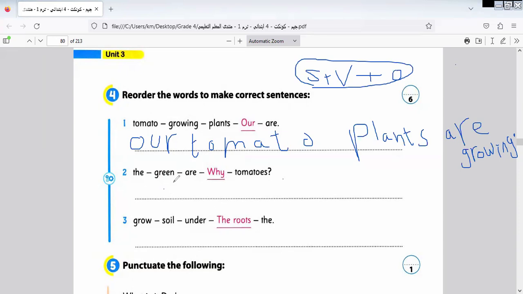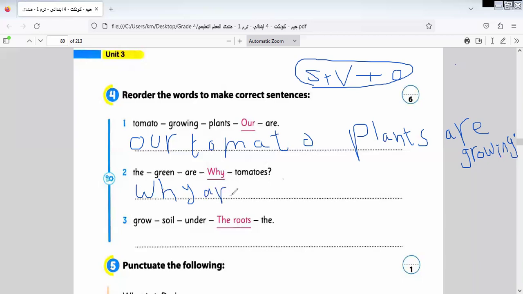The green are white tomatoes. So the answer will be: why are the tomatoes green?